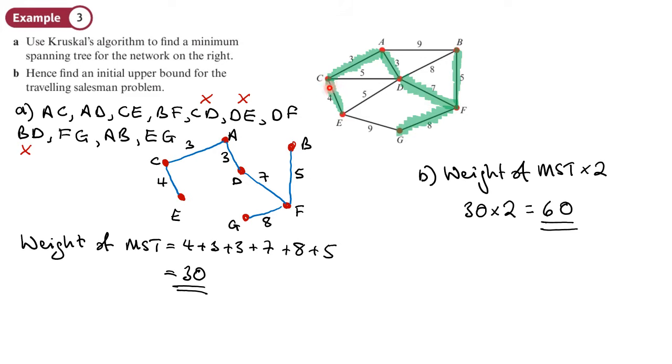Now, there's probably a simpler way of doing it, or a quicker way of doing it, so that I start and finish at the same vertex. So for example, one solution, let's say we were starting and finishing at E, is we could start at E, C, A, D, B, F, G, and then back to E. So that is going to be less than 60.